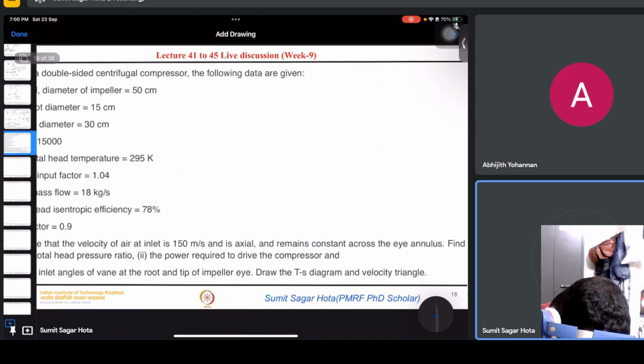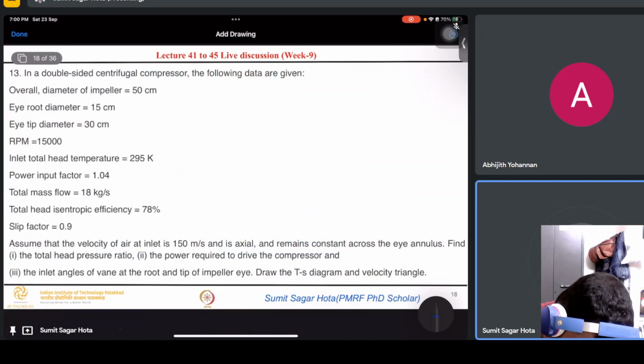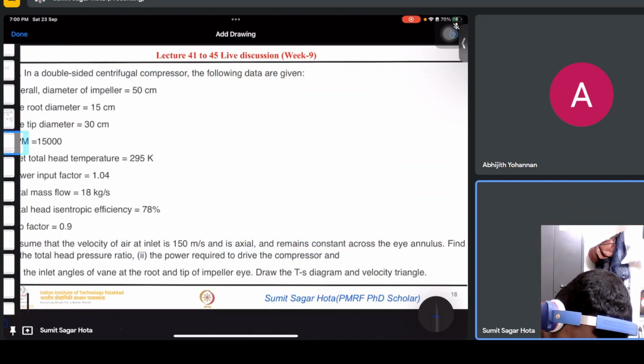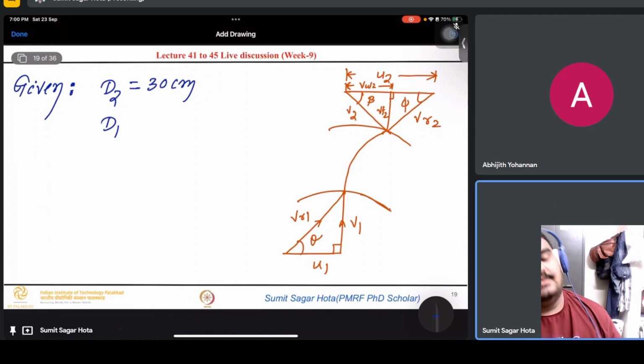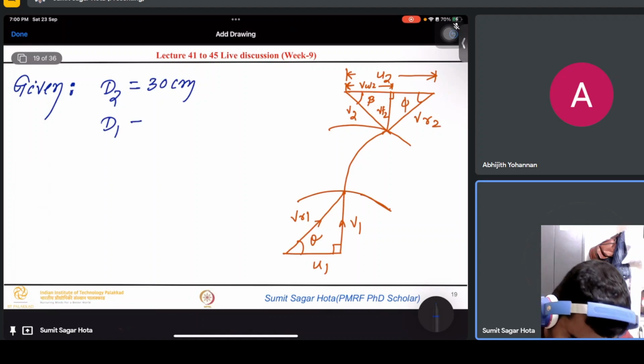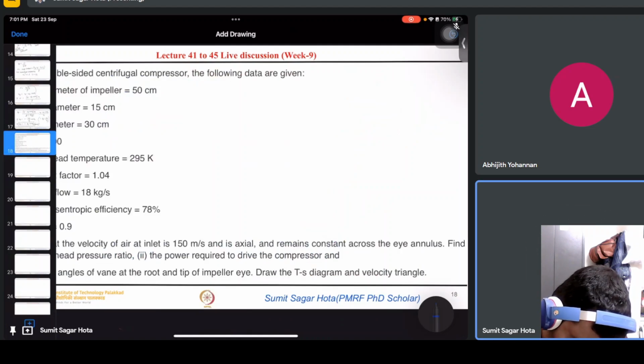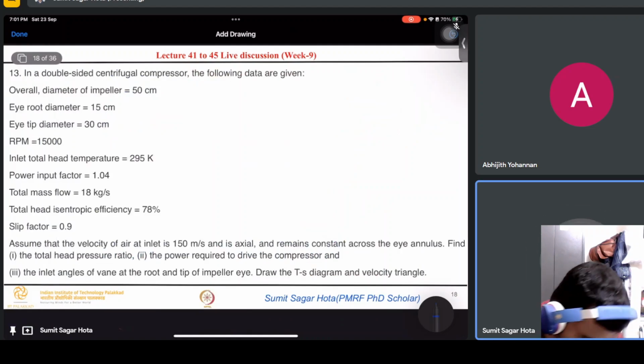How D2? The eye tip diameter is 30 centimeter, so D2 here is 30 centimeter. D1, 15 centimeter, the eye root diameter 15 centimeter.